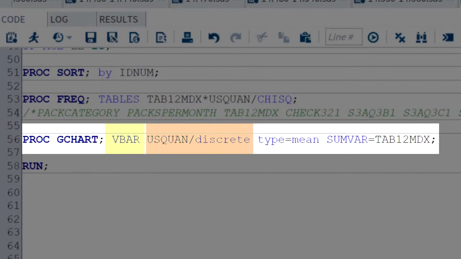The rest of the code in this statement provides instructions to SAS for how the response variable should be represented on the y-axis. Specifically, TYPE=MEAN requests a calculated average, and SUMVAR is short for summary variable. So we're asking for the response variable, TAB12MDX, to be displayed as a mean on the y-axis.